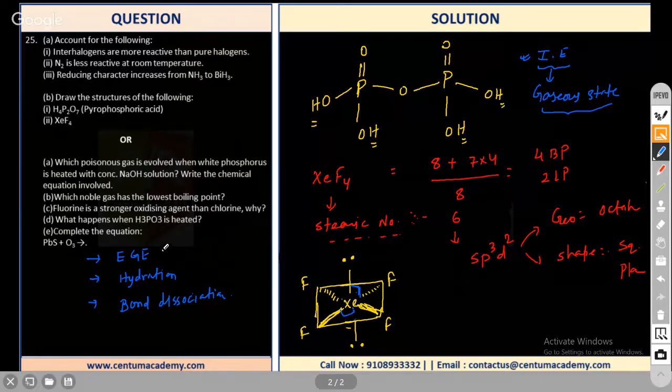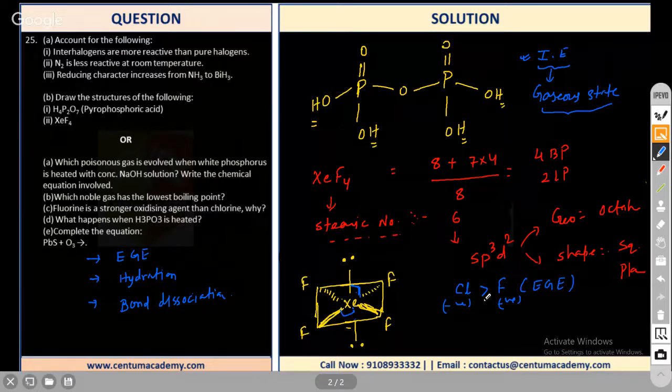That we already know. Chlorine has the highest electron gain enthalpy, more negative value. Negative value we are considering for both, more negative value of electron gain enthalpy for chlorine.